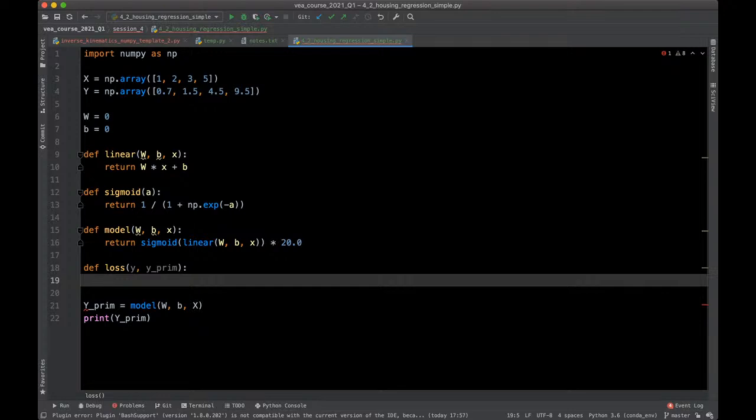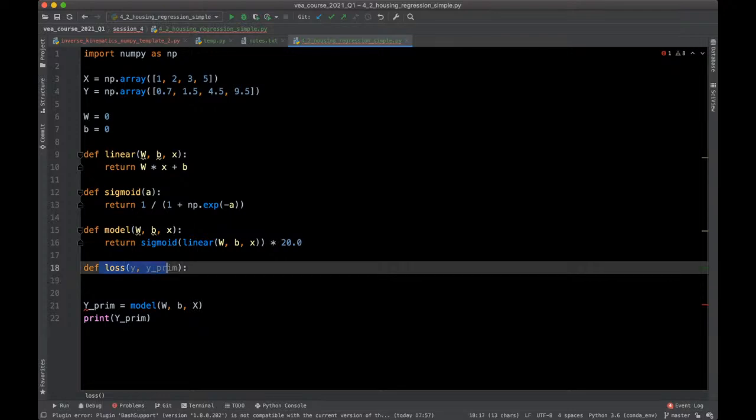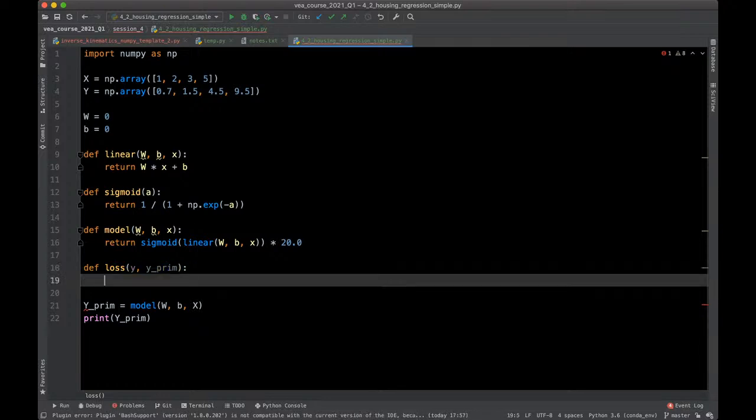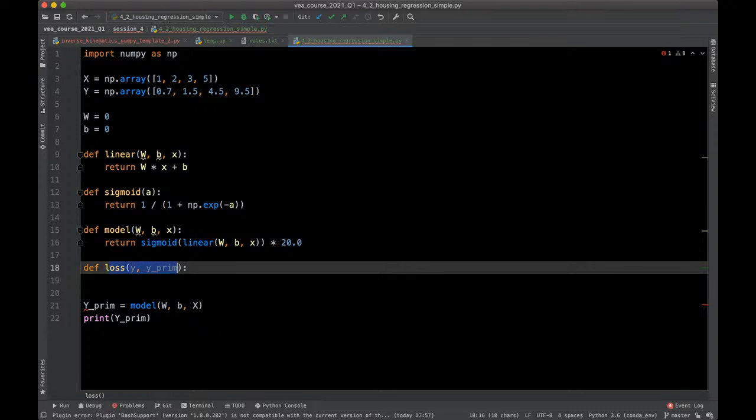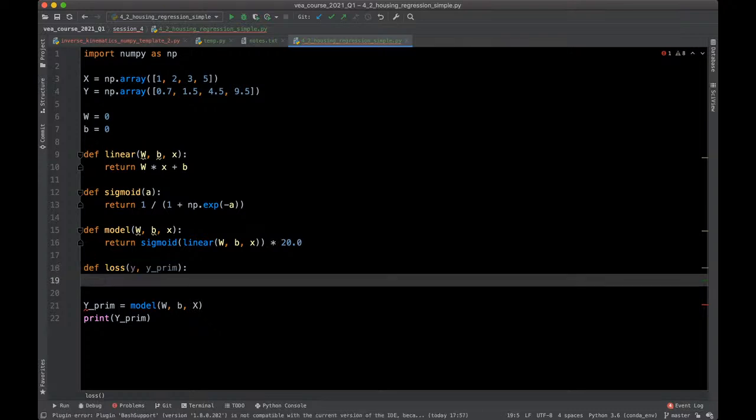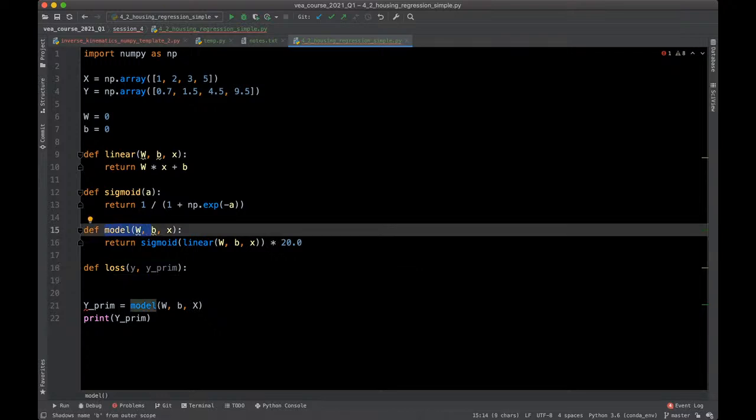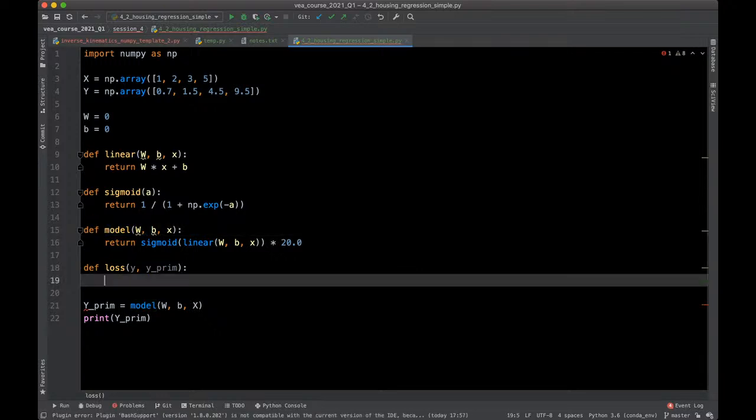Also, the loss function is something that we use only for the training. When we train the model, we can drop the loss function in the recycle bin, garbage, and then use only the model with the trained weights and biases in production for estimating the prices of the markets or whatever. So here we have the return of y minus y prime.